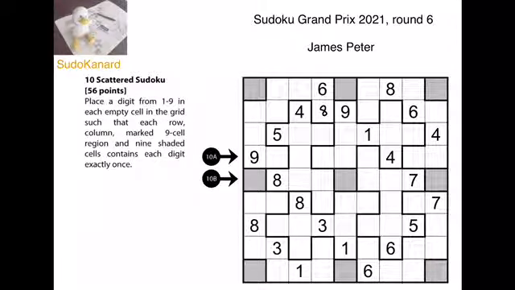So 8 is in one of those 2. This region, 8 is not here, not here, not here. So we get this 8. Now this region, 8 is not here, not here. So here or there.